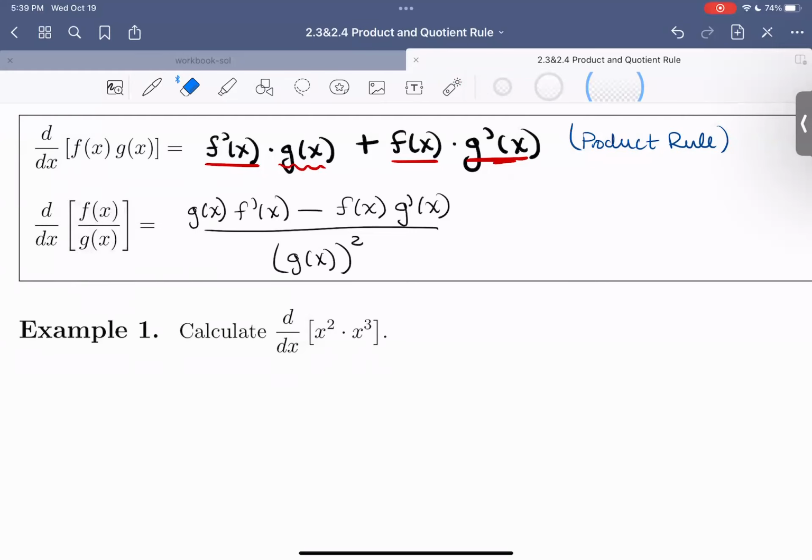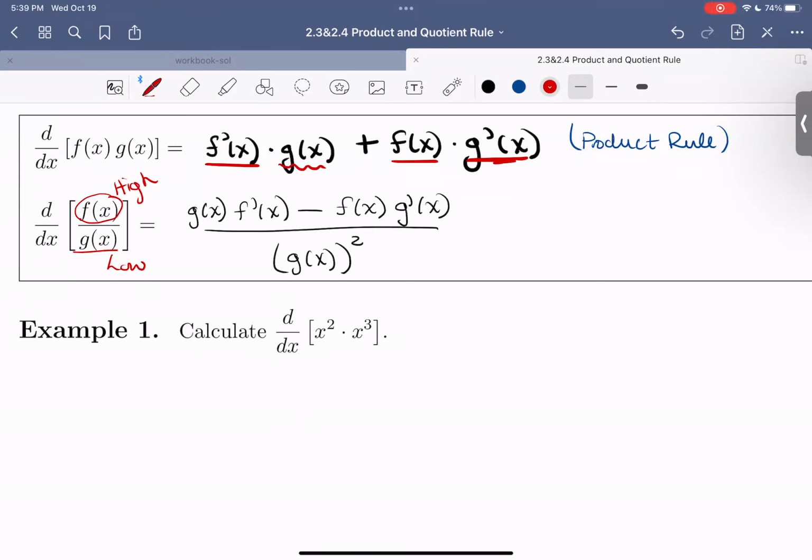Okay, so let's think about how on earth we're going to remember this. One thing I can do is label the top function high, not that kind of high, but high above the other function. And then the bottom function, the low function. The reason I'm doing this is that by labeling the functions high and low, we can think of a cute little rhyme for remembering this formula.